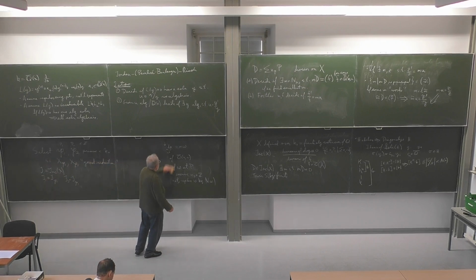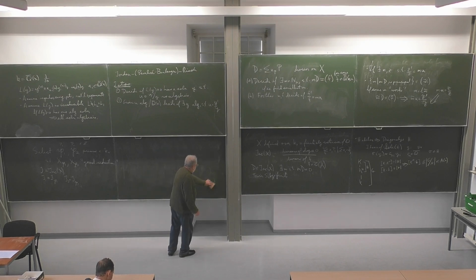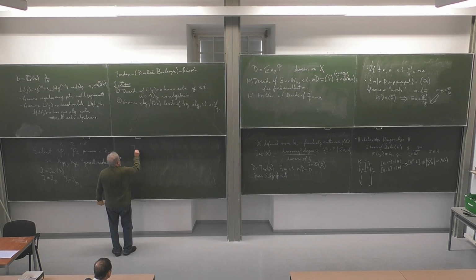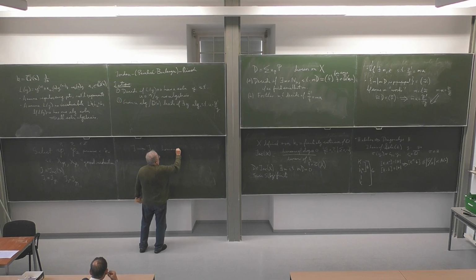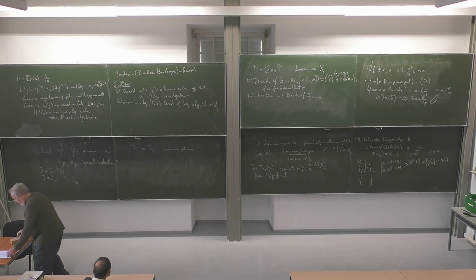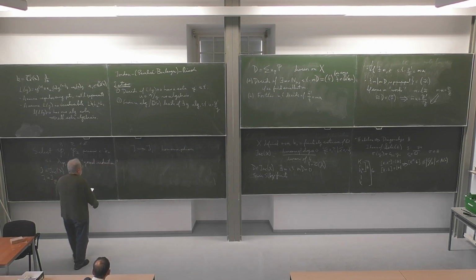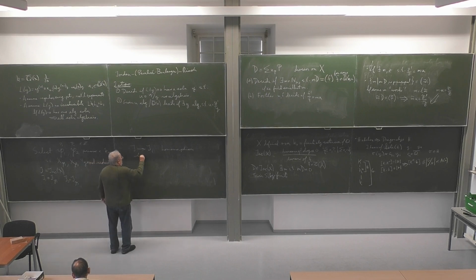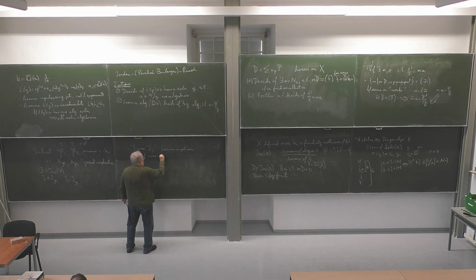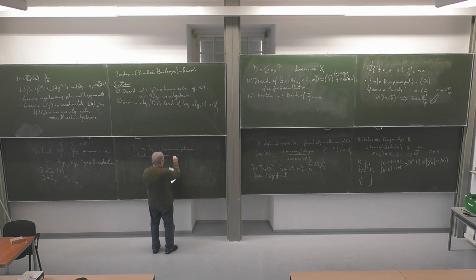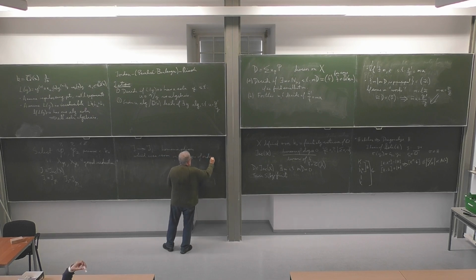And furthermore, I get a homomorphism, let me say it correctly, a homomorphism which is an isomorphism on divisors of order prime to pi.